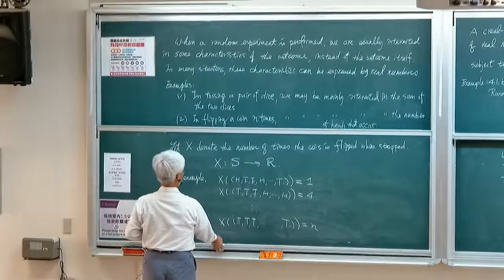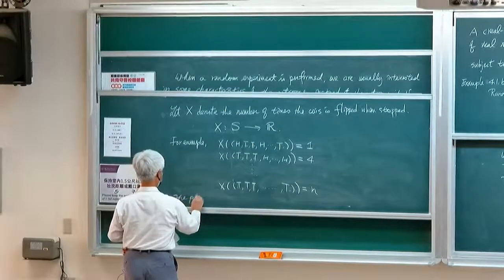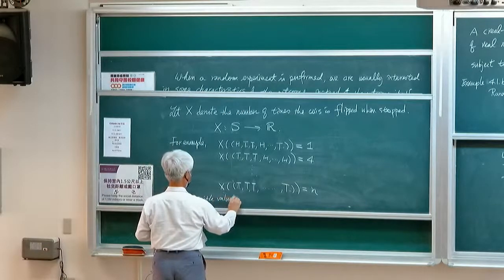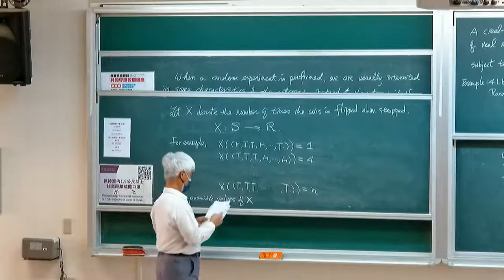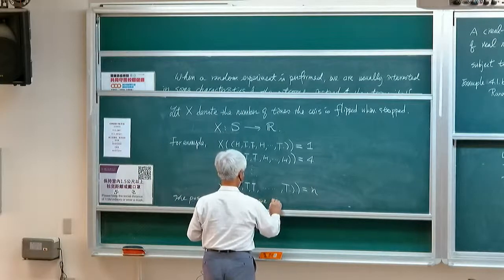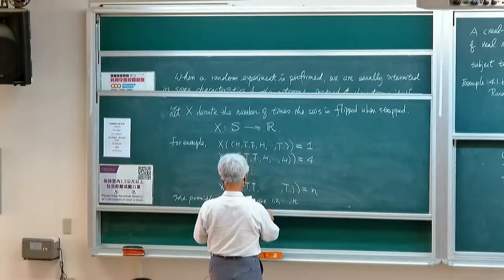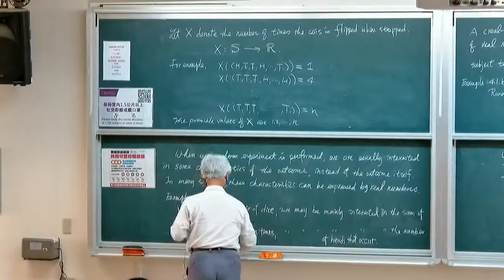From here, the possible values of this random variable X are 1, 2, up to n.